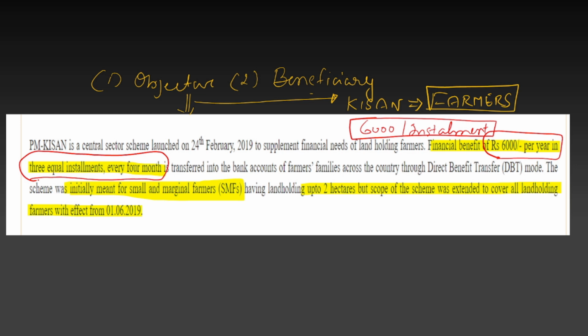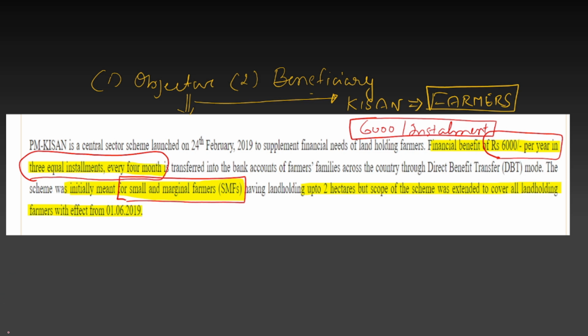But the important feature I want you to notice is that it was earlier for small and marginal farmers. This is what I want you to focus on in UPSC. Do not focus on unnecessary things, because this material and so many sources give so many unnecessary things. You should have an eye for taking only the necessary facts.